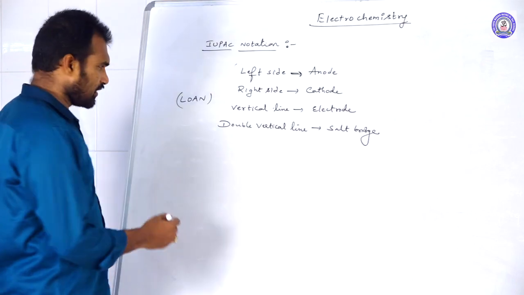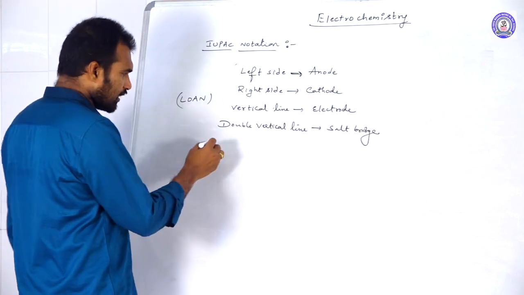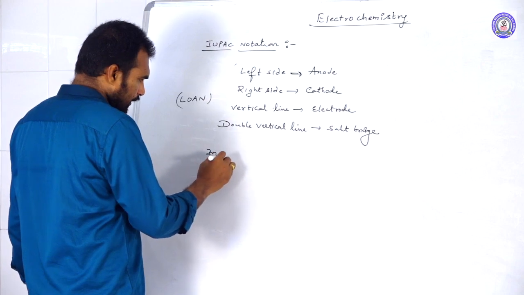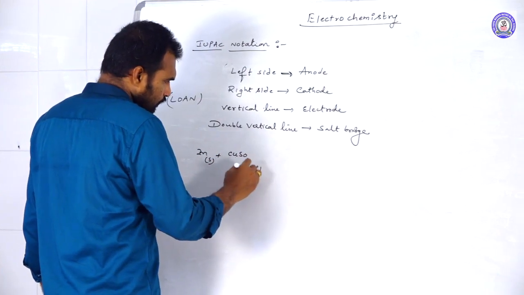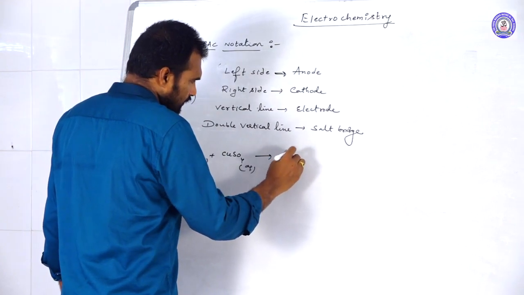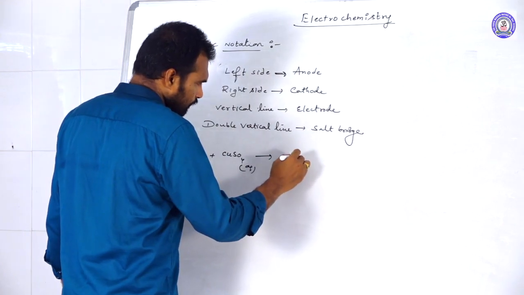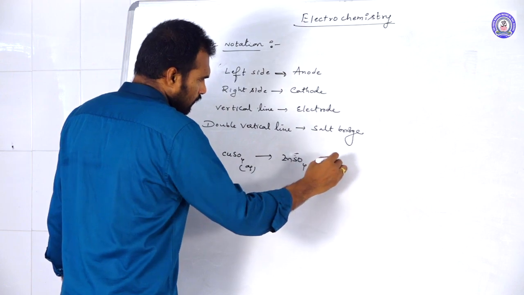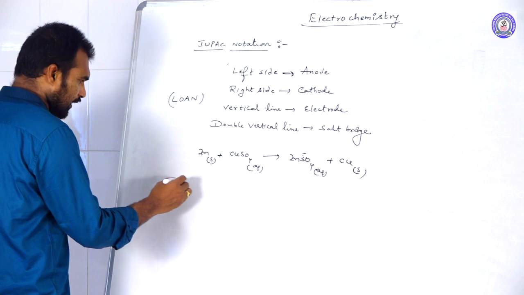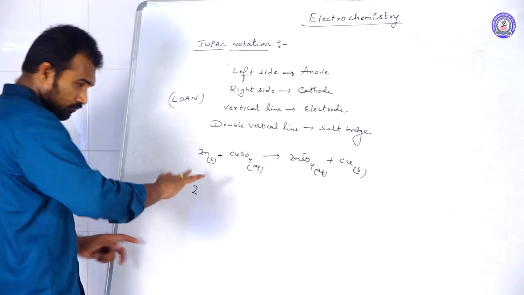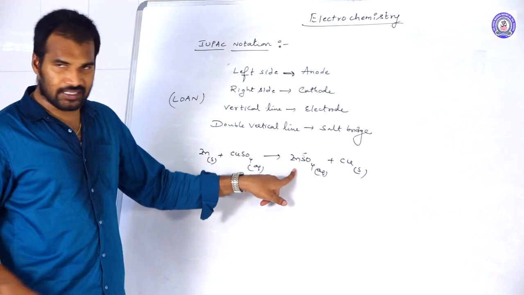Salt bridge. For example, if you take the galvanic cell reaction, zinc solid plus CuSO4 aqueous gives rise to zinc sulfate aqueous plus copper solid. How will we represent this reaction? We can write it in two forms. One is, what is the oxidation here? Zinc to zinc sulfate, no?